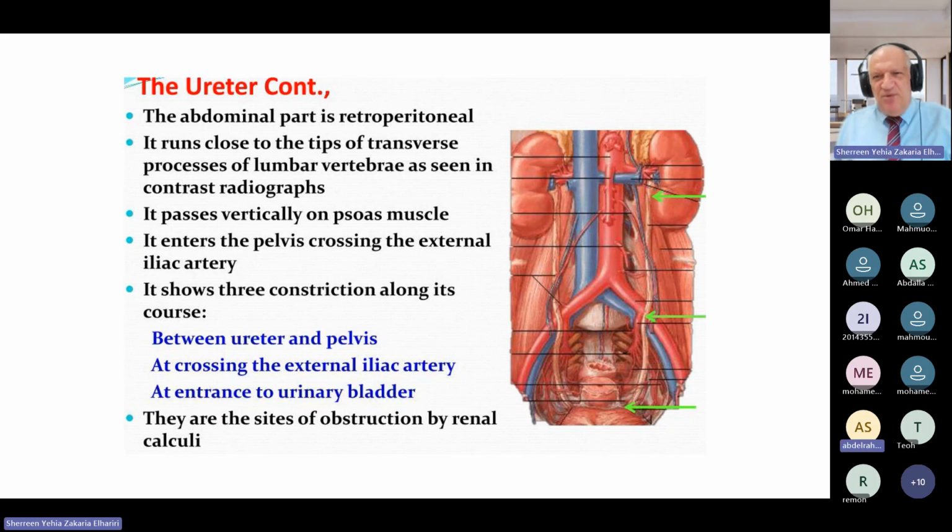It may be difficult to know peristalsis; you need to be an expert. But by the relation to big structures like you can see in this picture. Relation with the common iliac arteries, yes. So is it in front or behind? In front. So at the level where the common iliac artery becomes internal iliac and external iliac.